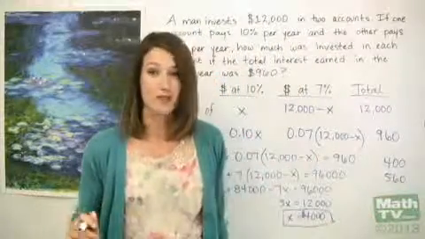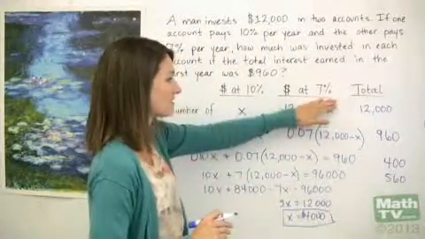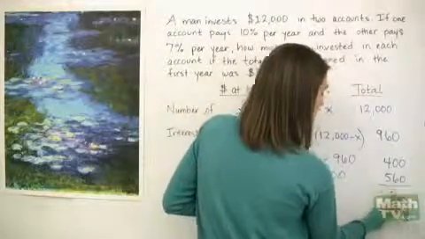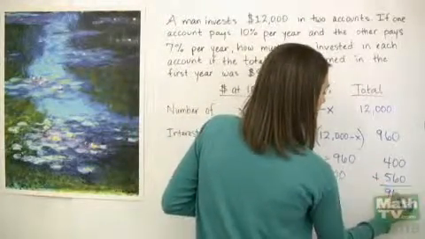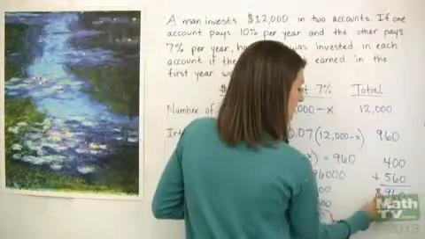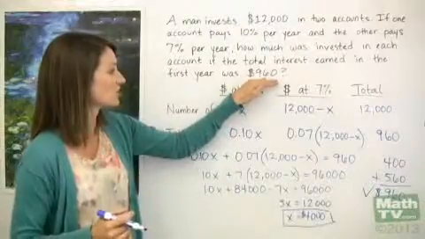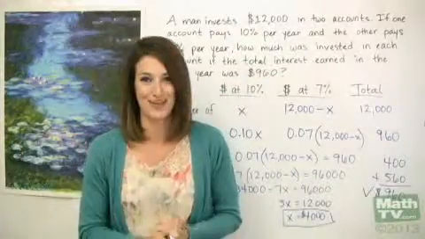And that's the amount of interest paid on the second account, the one that pays 7% per year. So if we add up those two interest amounts, we get $960, which means that our answers check because that's the total amount of interest earned that the problem told us at the very beginning.